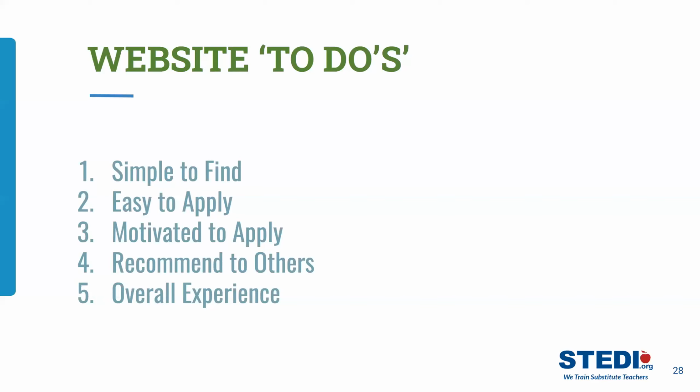They could share some testimonials on the page, talking about how great it is to work for the John Doe School District, right? Those are really good things to help with motivating people to apply for your job.